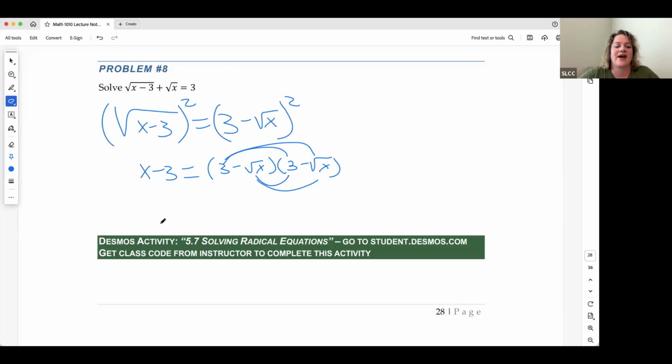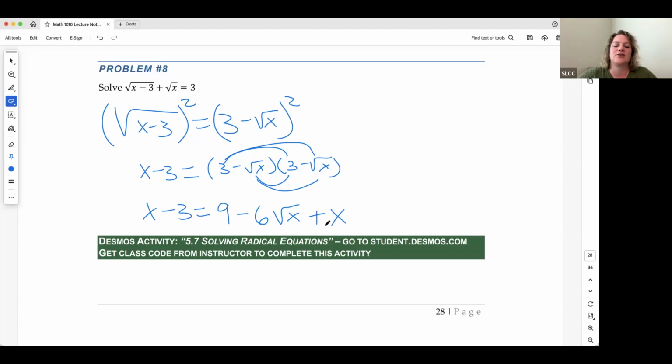So do all of that. A little fun algebra. You guys are really good at that by now. So don't forget those middle terms. So you do have 9, and then minus 3 root x minus 3 root x would be 6, so minus 6 root x's. And then plus a root x times a root x would just give you x.